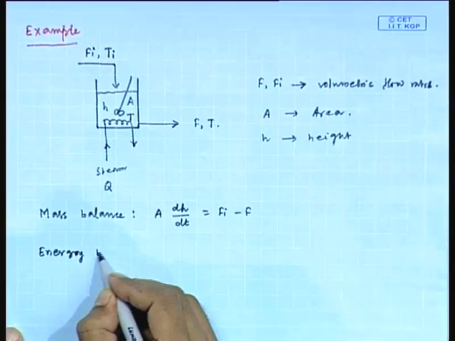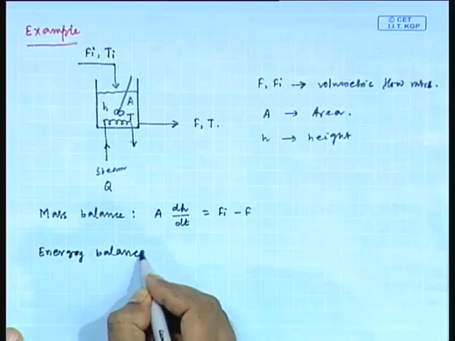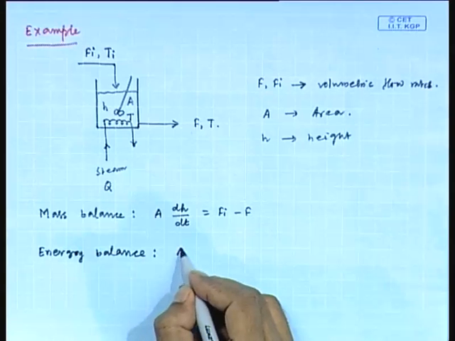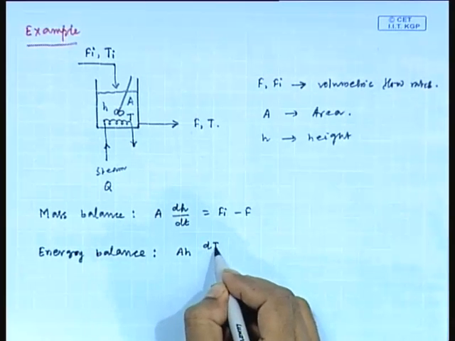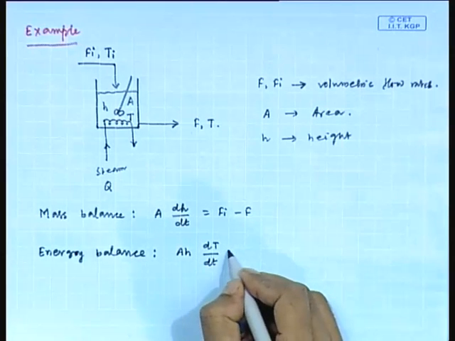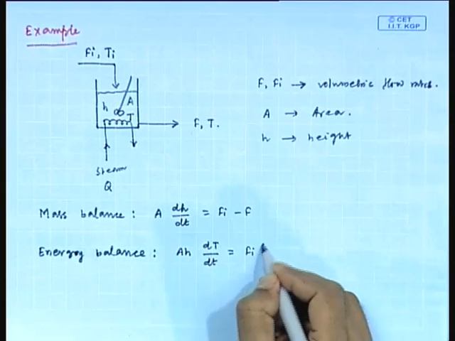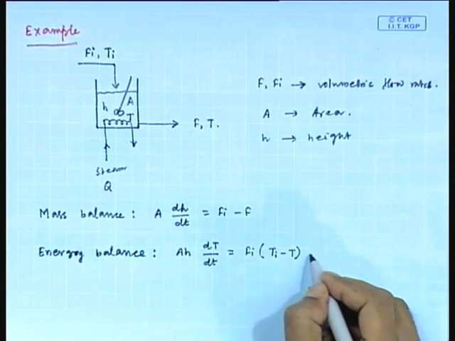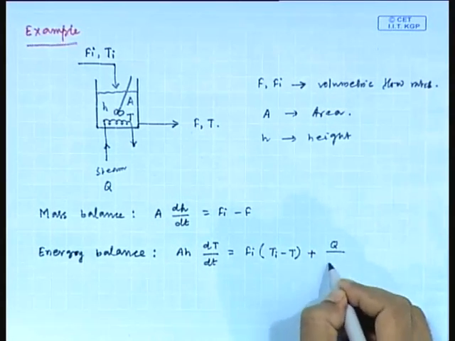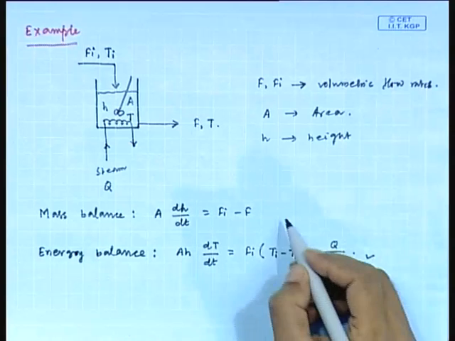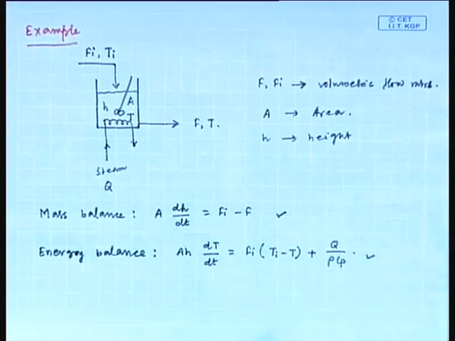Similarly, we obtain the energy balance equation as A H dT/dt equal to Fi (Ti minus T) plus Q divided by rho Cp. This is the energy balance equation, this is the mass balance equation.